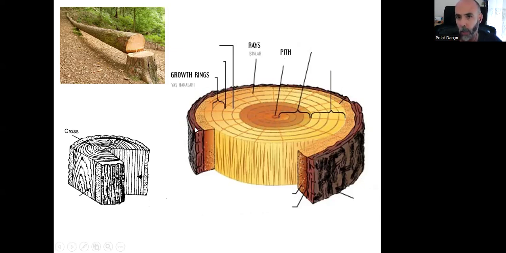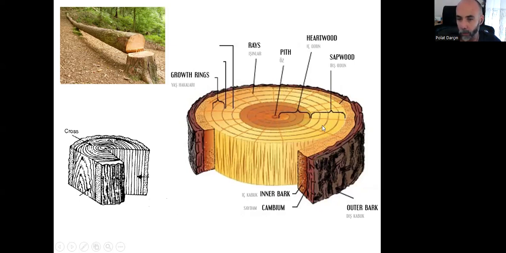We have rays. That's the pith, the middle part, the central part. We have bark, and it has two layers. This is the outer bark, and this is the inner bark. And there is this thin part, some sort of a layer in between. That's what is called cambium layer. This part is called sapwood, and that's the heartwood.